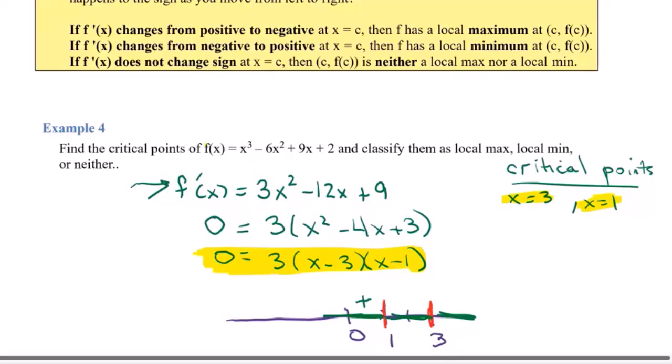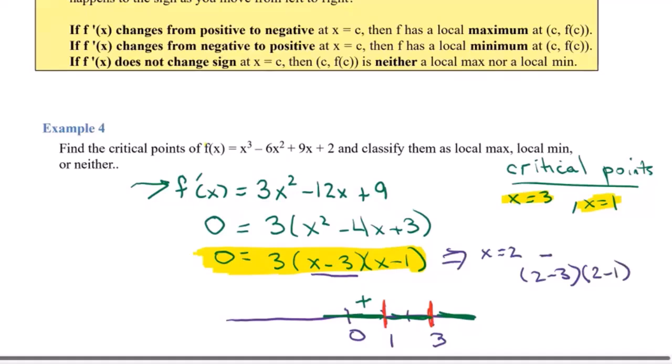So I'm going to show you a really nice, easy way. The 3 is positive. We don't have to worry about it. If x equals 2, then x minus 3 is 2 minus 3, times 2 minus 1.